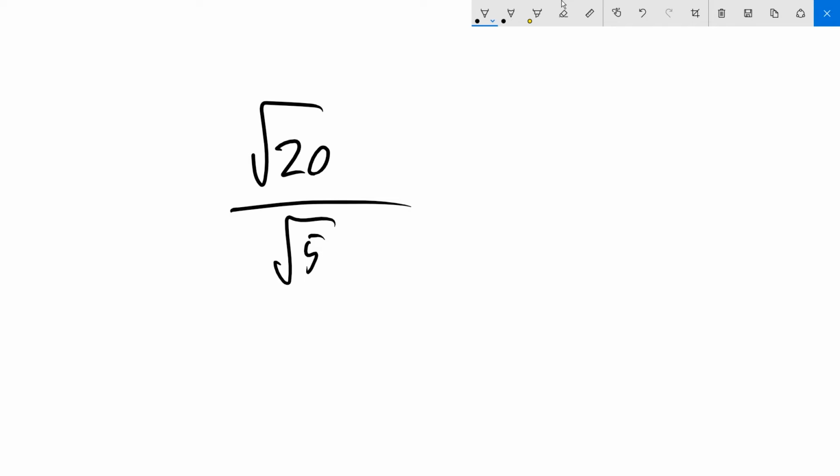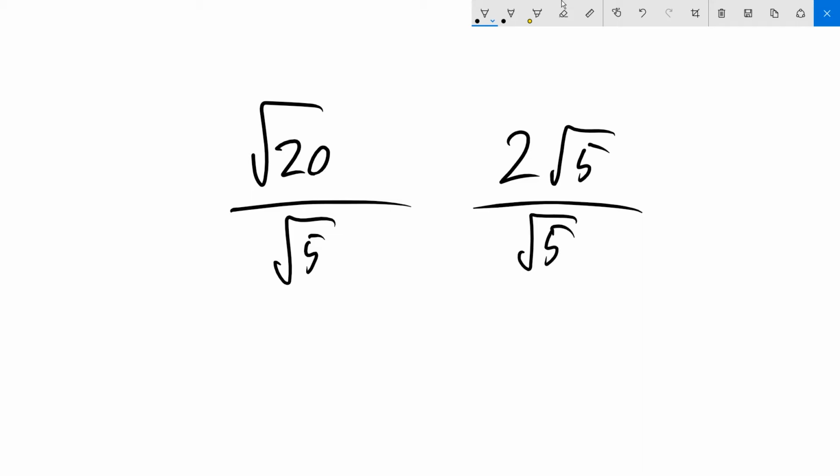Well, as we saw earlier, root 20 can be expressed as 2 root 5 over root 5. And we know that with fractions, we can just cancel out the top and the bottom, and it's 2.